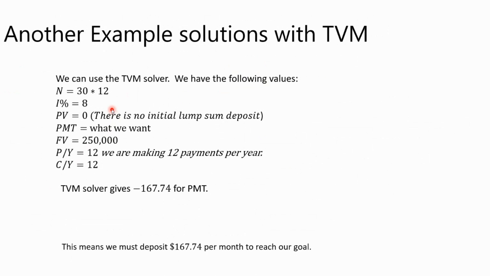The interest rate is 8, and we leave that as a percent. There's nothing in the account initially. We're looking for PMT. We want the account, after all this, to have $250,000 in the future, as the end balance.